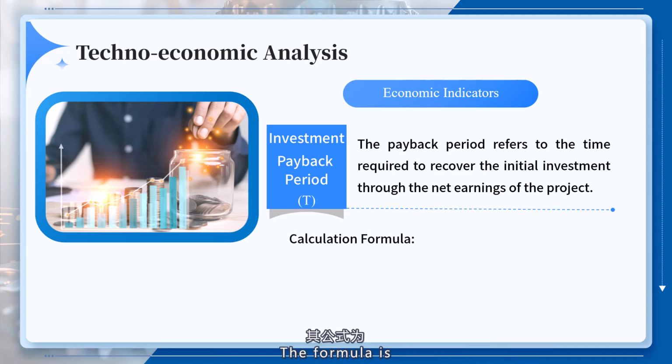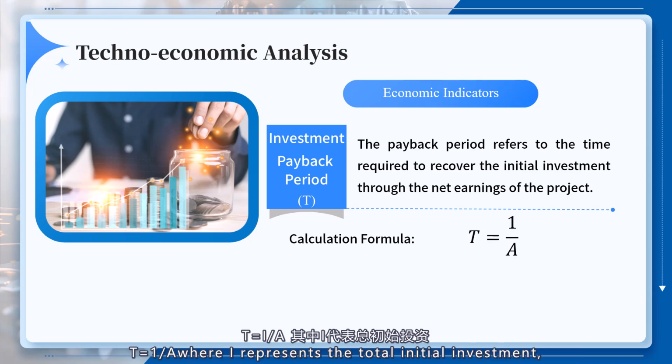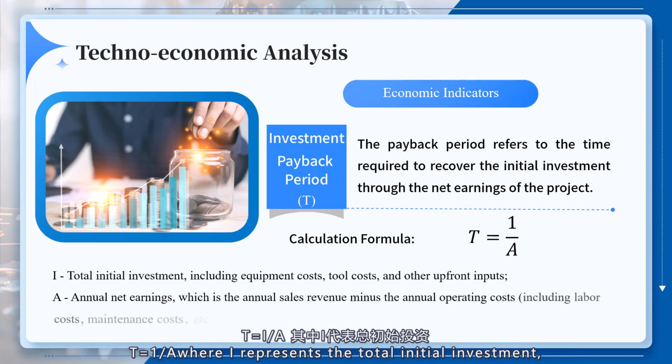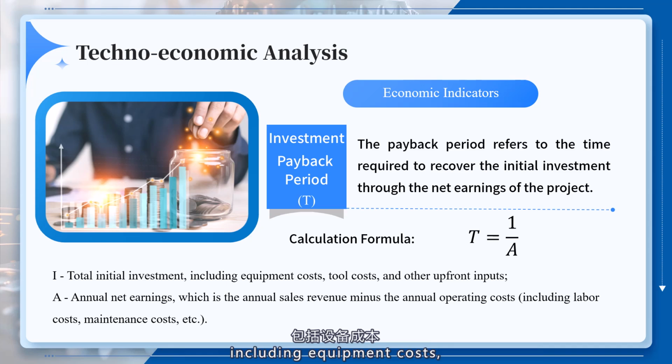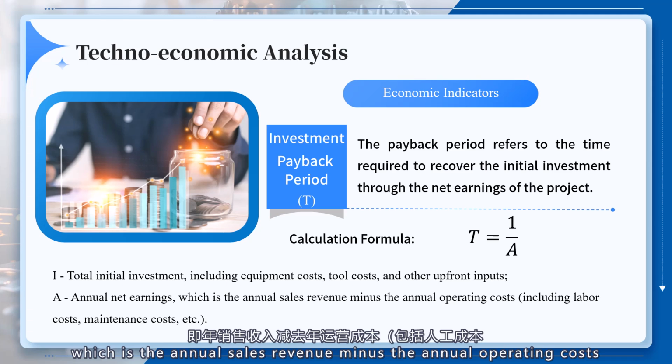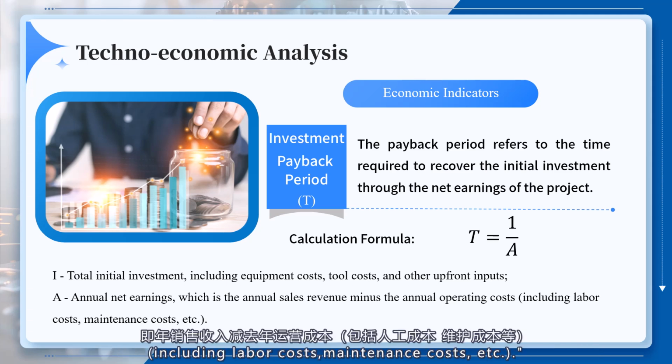The formula is T equals I divided by A, where I represents the total initial investment, including equipment costs, tooling costs, and other upfront expenditures. A represents the annual net earnings, which is the annual sales revenue minus the annual operating costs, including labor costs, maintenance costs, etc.